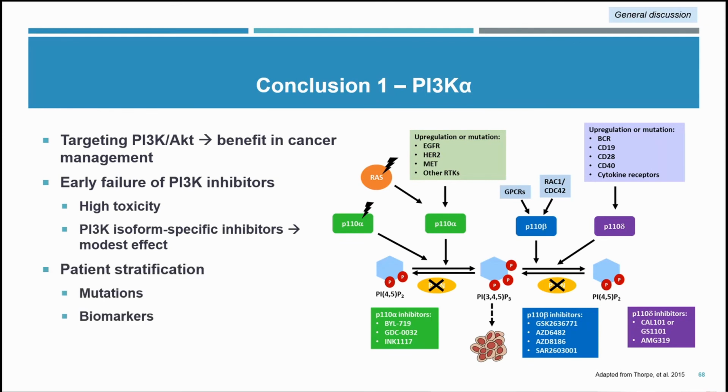Now we know that to have more benefits, we need to stratify patients according to the mutations and other biomarkers. The challenge remains in selecting these biomarkers. And finally, from my work, we can say that in pancreatic cancer, the use of PI3K inhibition would delay metastasis.